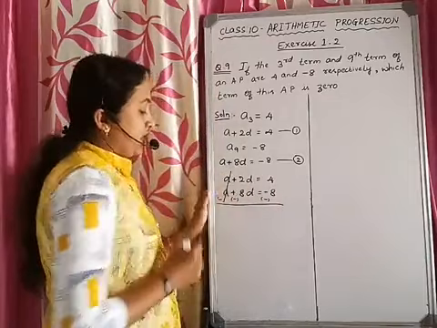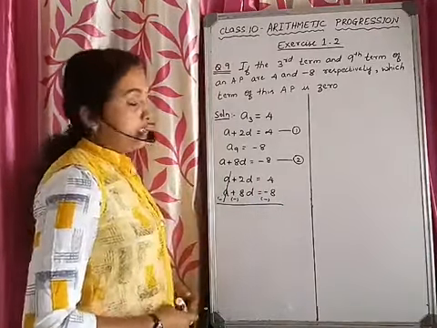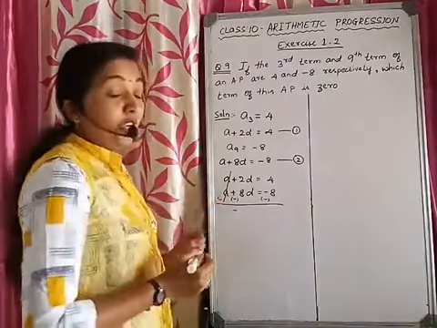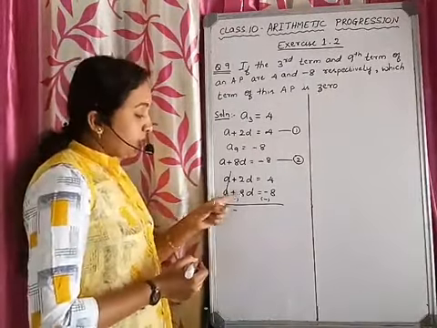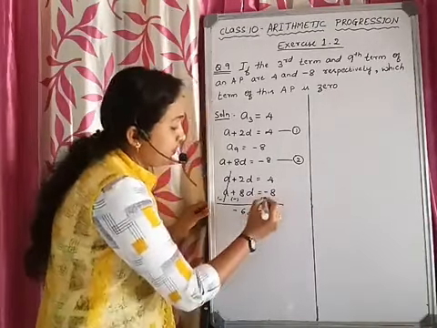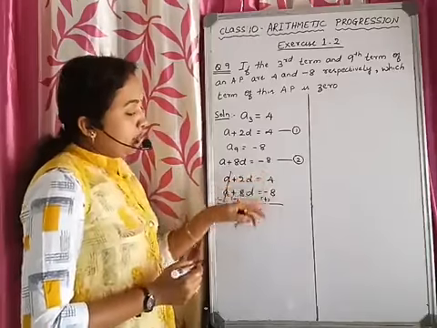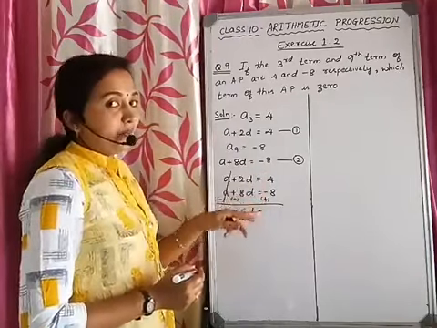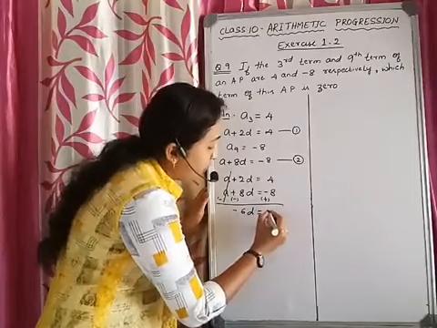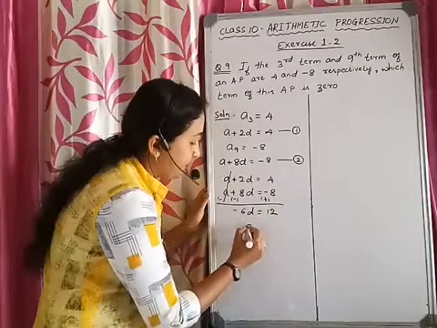The first term gets cancelled because of plus A and minus A. So, bigger number sign is minus, so we have to do subtraction here. So, 8 minus 2 is 6D. Here both the signs are same, so let us do addition. So 8 plus 4 is 12.